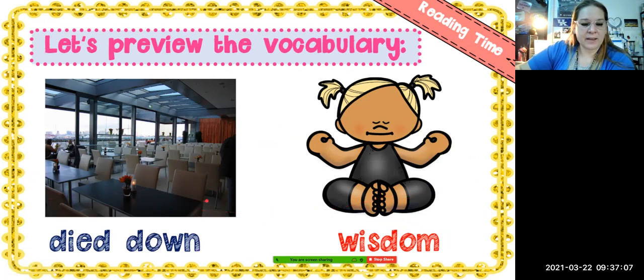Died down, that phrase just means that maybe at one time it was really busy. Like this restaurant may have been really busy at one time, but then it died down because there weren't as many people there. And then we have the word wisdom, which means you have knowledge that you have gained through experience and intelligence.